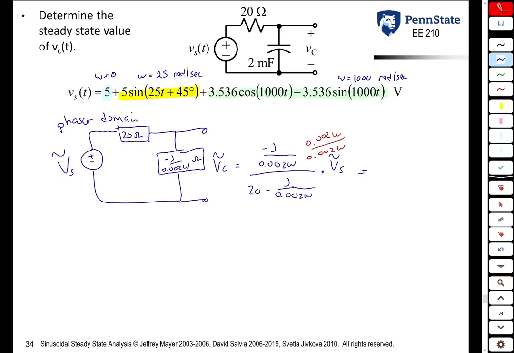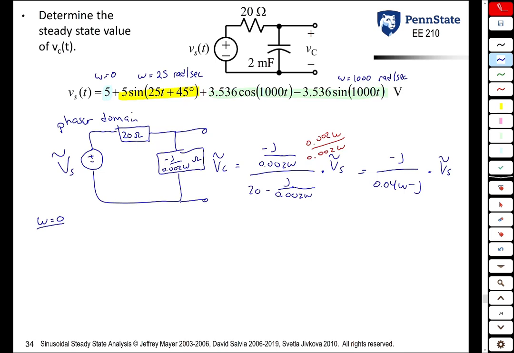We then get minus j over 0.04 omega minus j times Vs tilde. Okay, so let's look at the different situations.